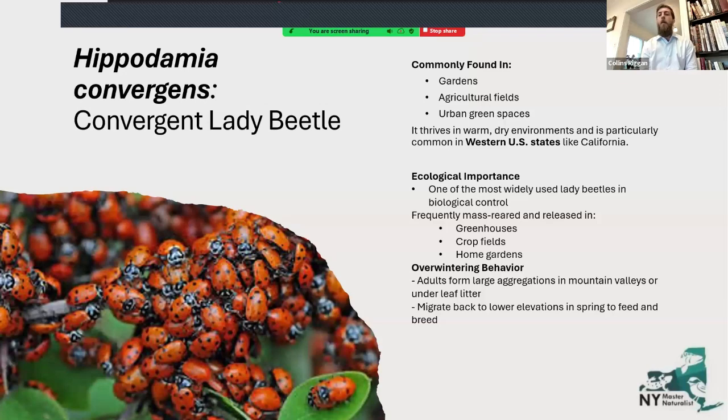They are mass reared in the insect growing harvesting industry. They are used for greenhouses, crop fields, and home gardens to eliminate pests. And this one specifically, when they overwinter, they do seem to prefer mountain valleys and leaf litter.